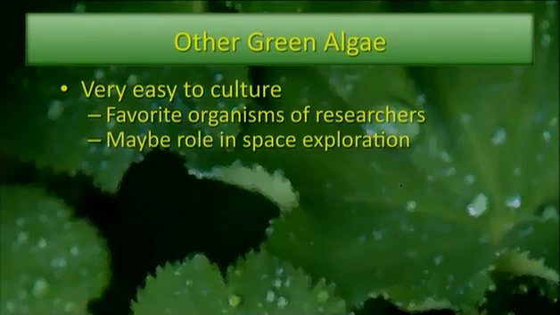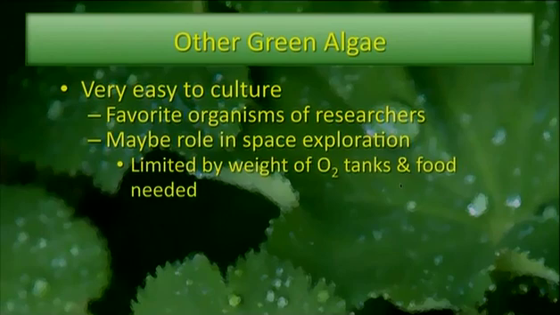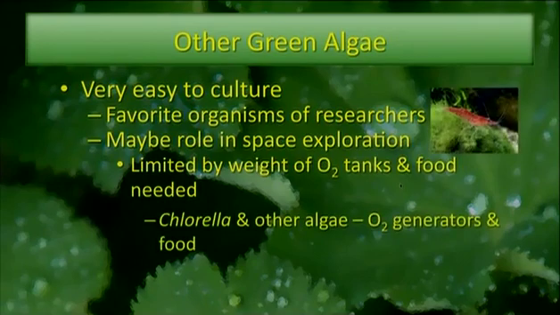Now space exploration tends to be limited by the weight of oxygen tanks and also food that's needed by the astronauts. But chlorella and other algae are oxygen gas generators, right? Oxygen gas is a byproduct of photosynthesis. So they generate oxygen gas, and they also make food.